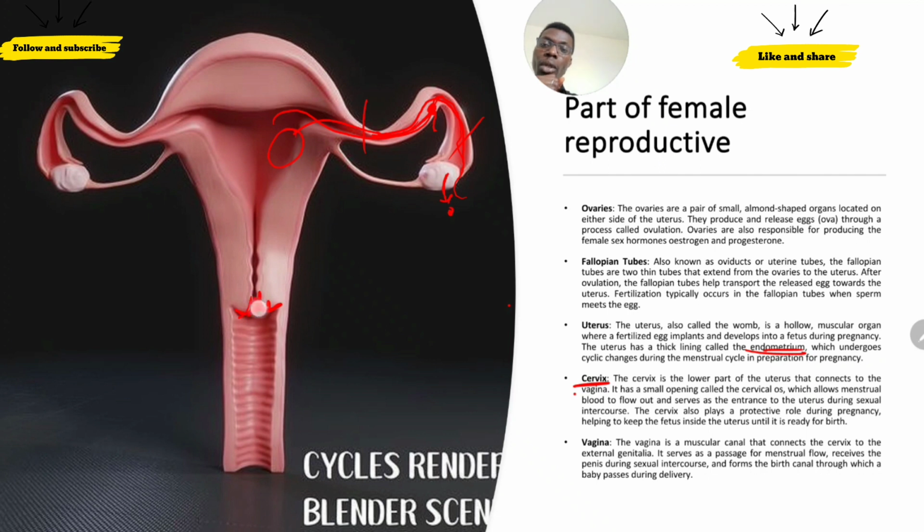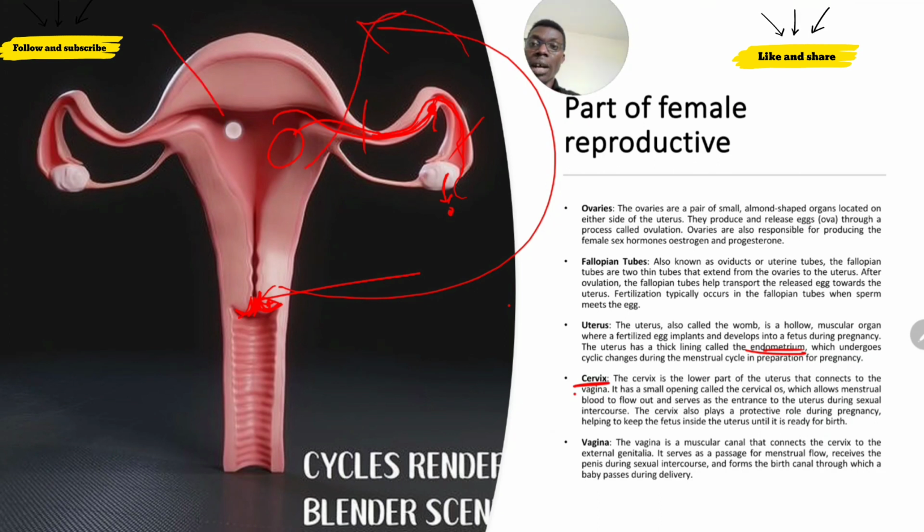There are touch receptors around the cervix that, when the head of the baby touches them, send a signal to the brain to release oxytocin. Oxytocin will then come down here on the myometrium of the uterus to cause it to contract. Then that will push the baby towards the cervix again.